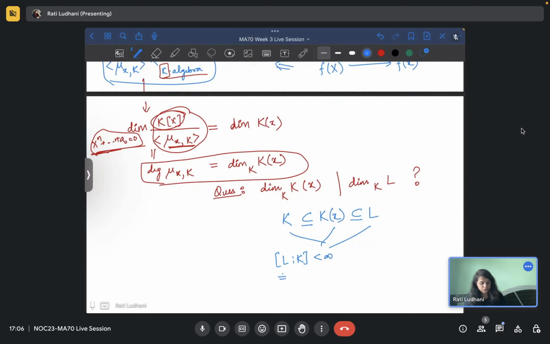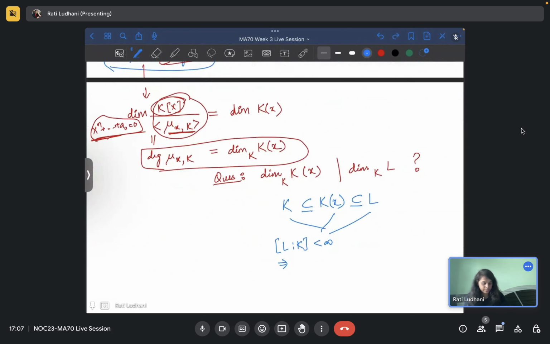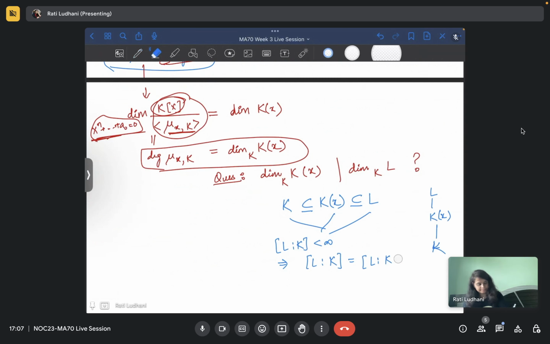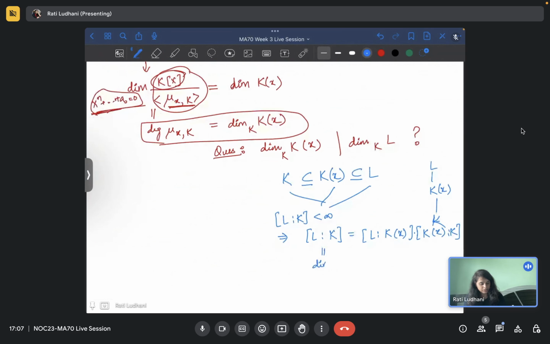This implies that from this tower, [L:K] is equal to [L:K(x)] into [K(x):K]. These are the dimensions, the dimension of L over K(x) and the dimension of K(x) over K.